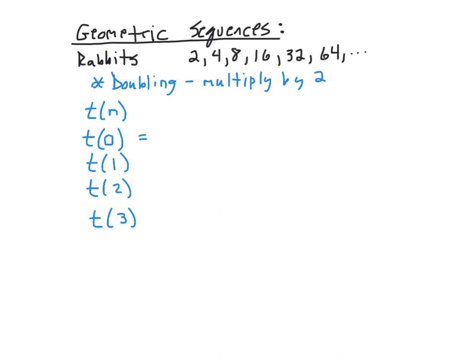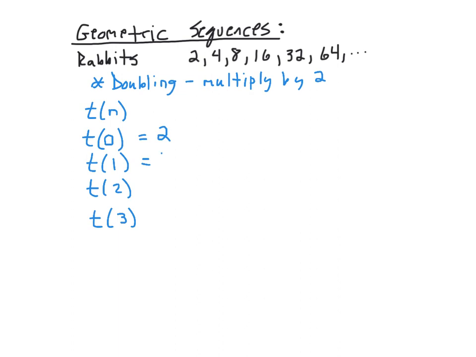In this case, n is time, and at month 0, it's however many rabbits they start with. In this case, it would have to be 2, because that's how many rabbits they started with at the very beginning. That's month 0. After month 0, it doubles.